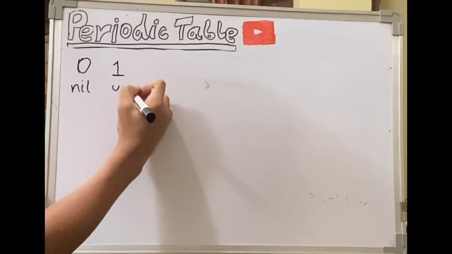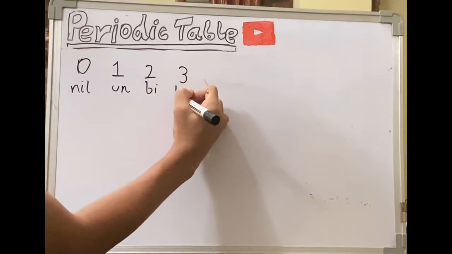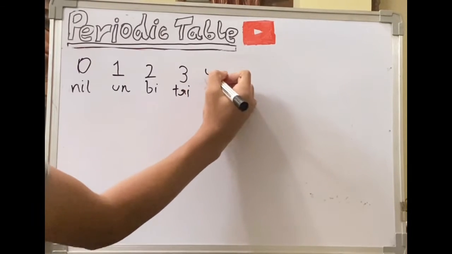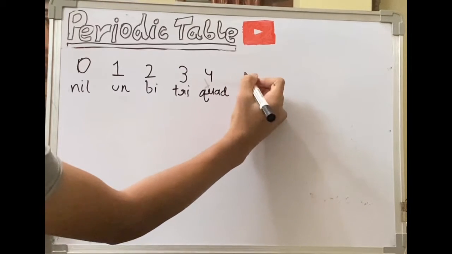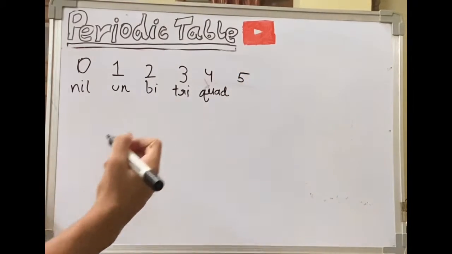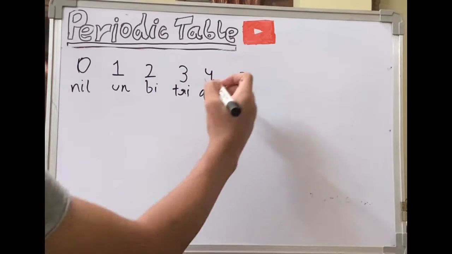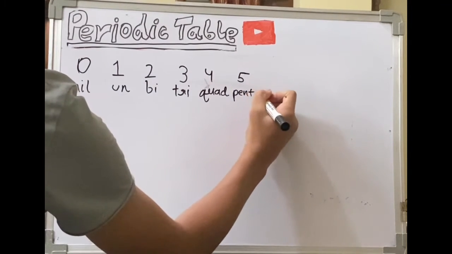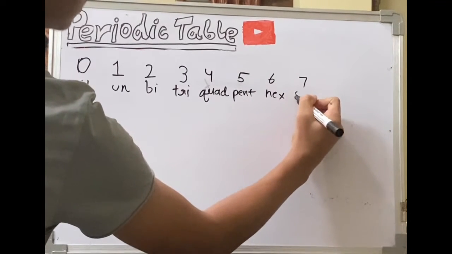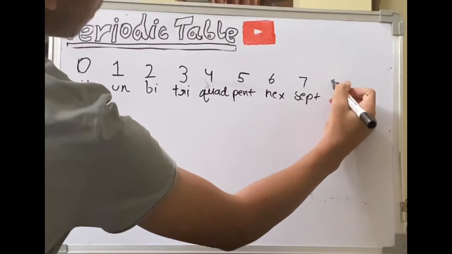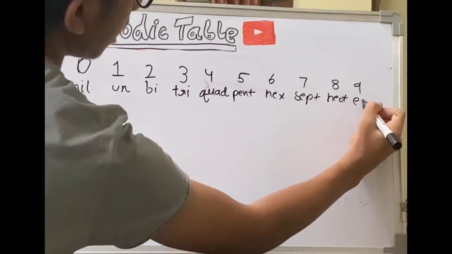For 1 it is un, for 2 it is bi, for 3 it is tri, for 4 it is quad, for 5 it is pent, and for 6 it is hex, for 7 it is sept, then there is oct for 8, and enn for 9.